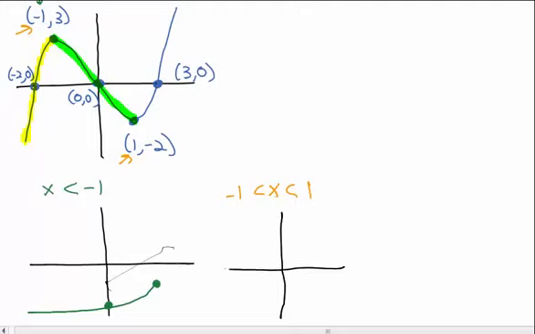Staying between those x values of -1 and 1, we end up with the edges at (-1, 3), which when flipped becomes (3, -1), (0, 0), and (1, -2), which when flipped becomes (-2, 1). And then if I connect these dots, we get this little guy, which is a function.